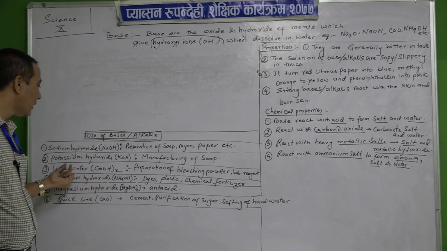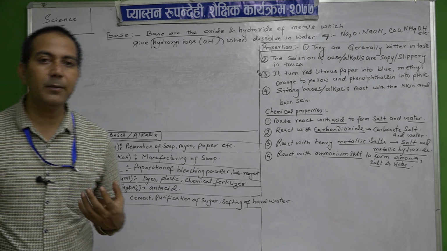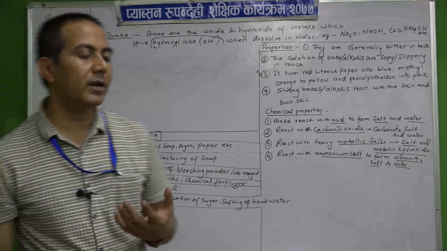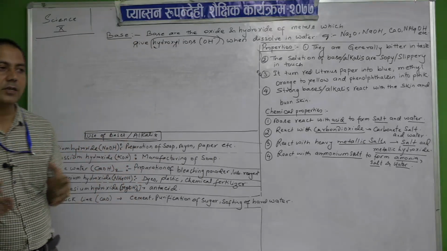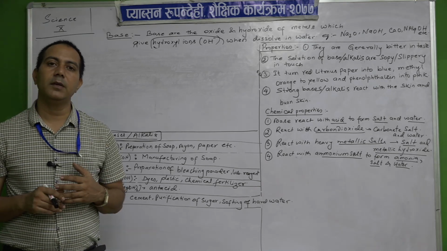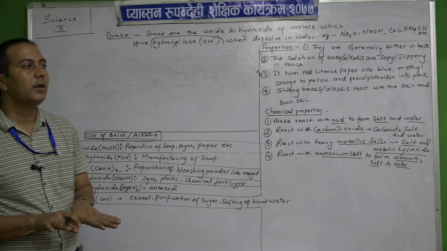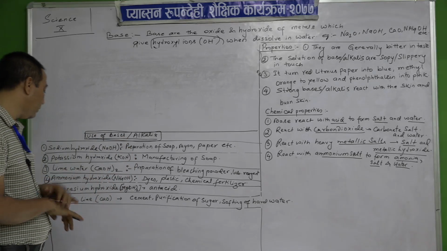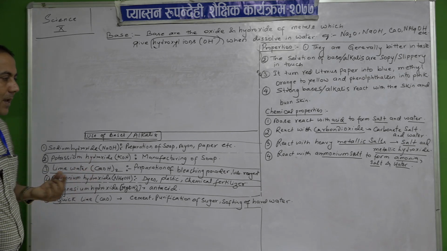Then the next one is lime water. Do you know bleaching powder? Bleaching powder is mostly used in different processes like purification of water. The water department uses bleaching powder to settle all the waste, and that is prepared using lime water, and lime water is a base.